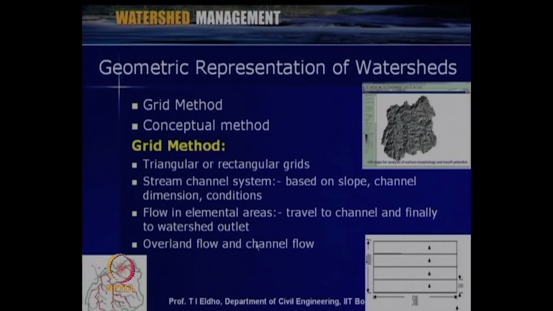So, these overland flow strips will be connected to the channel flow, so that when the rainfall runoff process takes place, we can route the flow from one overland strip to another strip, which will then join a stream, and through the stream we can finally route the flow to the outlet of the watershed.